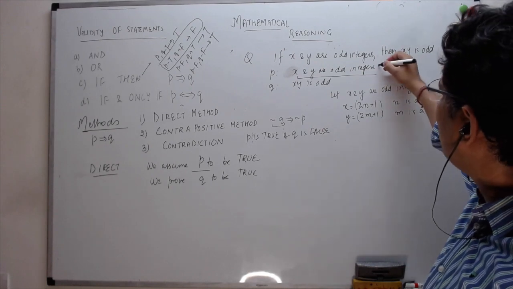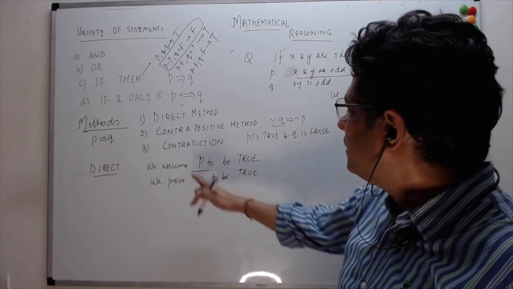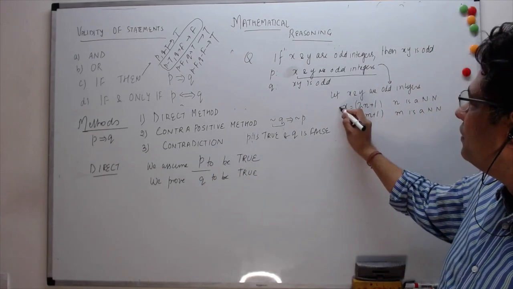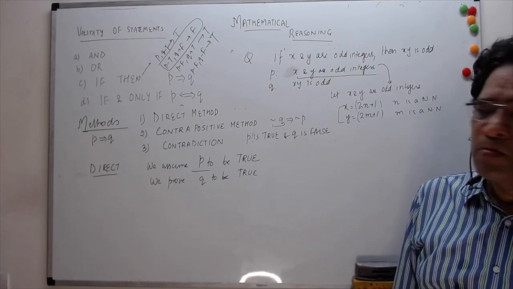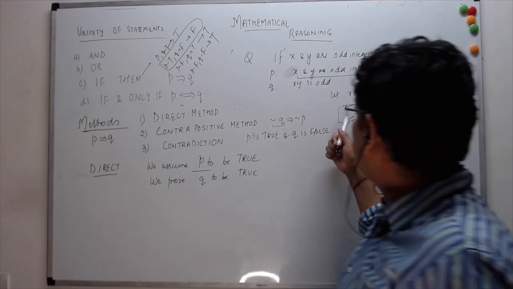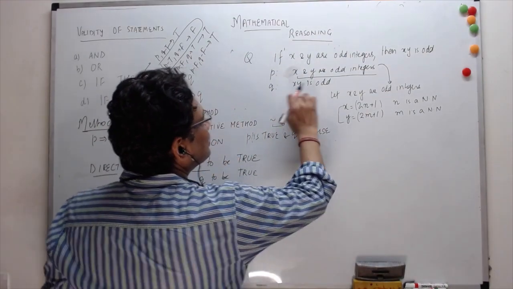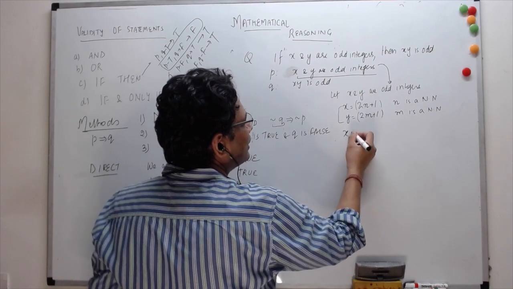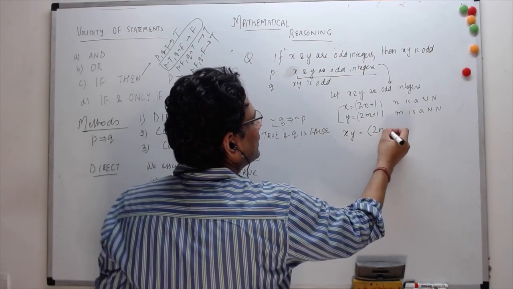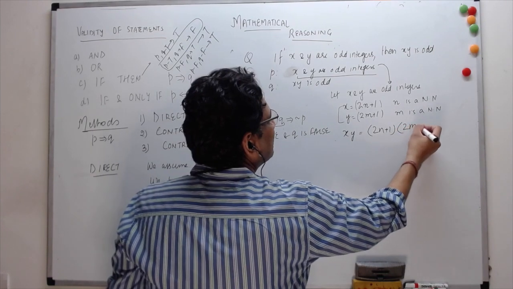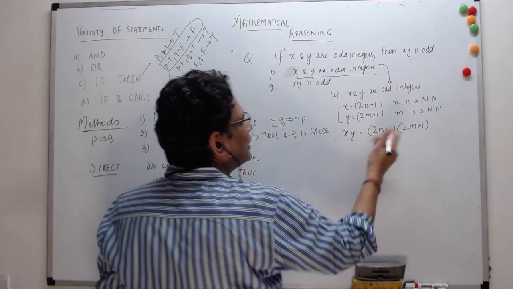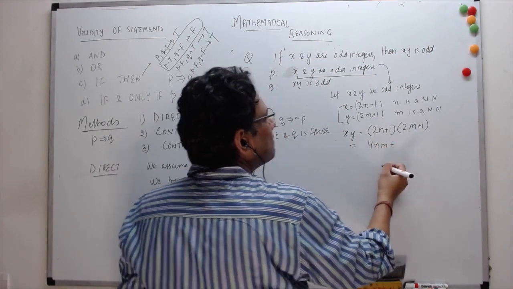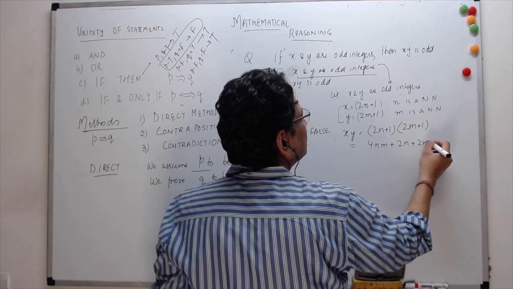So we have assumed P to be true, and based on this, we have given it a form like this. Now we are going to see whether with this we can find that xy is also odd. Based on this, xy turns out to be (2n plus 1) times (2m plus 1). If we multiply it, we get 4nm plus 2n plus 2m plus 1.